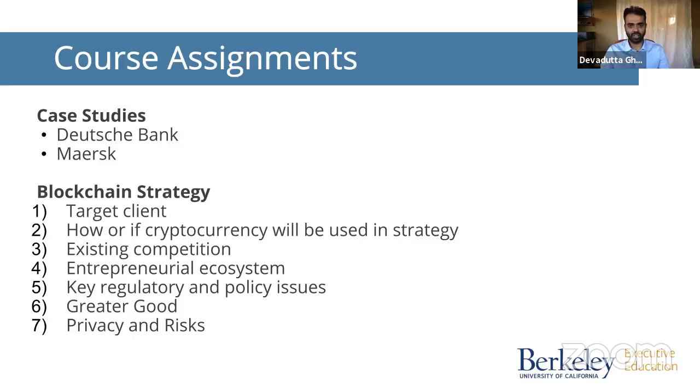In your strategy, which is a capstone project, you'll figure out how or if a cryptocurrency will be used, figure out existing competition, what the entrepreneurial ecosystems are, and what the key regulatory and policy considerations are, and see if there's any greater good in your application, and tie it up with figuring out if there are any privacy risks involved.